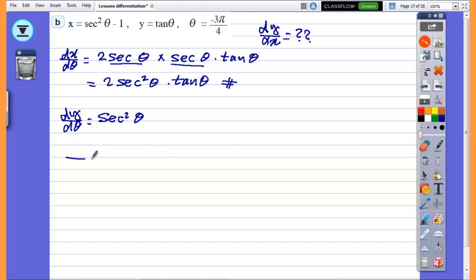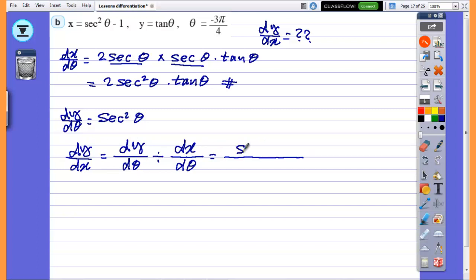Now dy/dx equals, by the rule, dy/d theta divided by dx/d theta, which we put in a fraction: dy/d theta is the numerator, sec squared theta, over dx/d theta, which equals 2 sec squared theta dot tan theta.